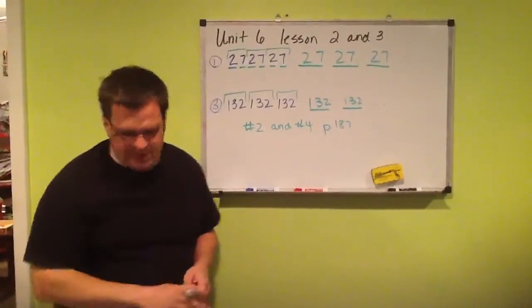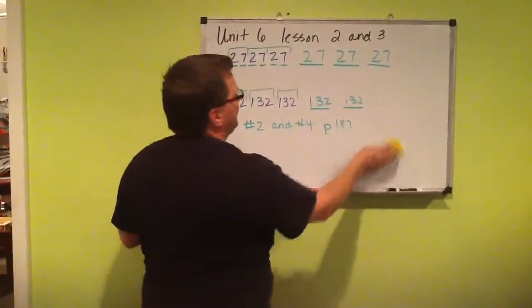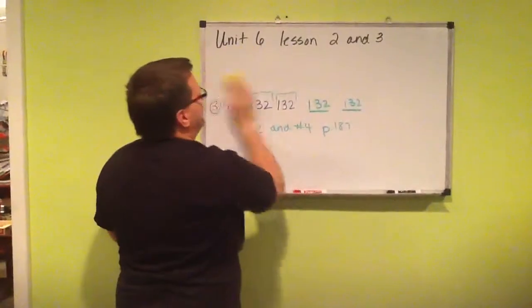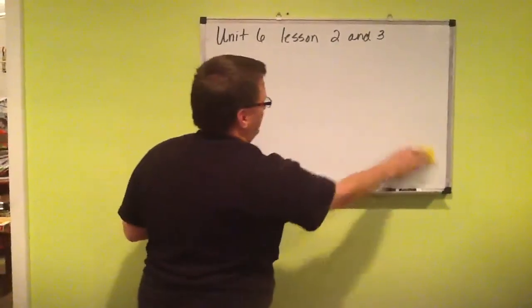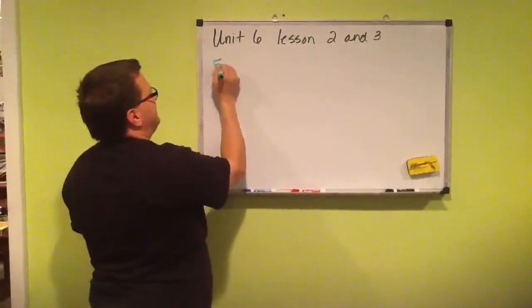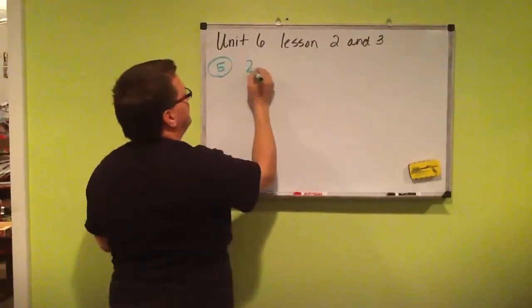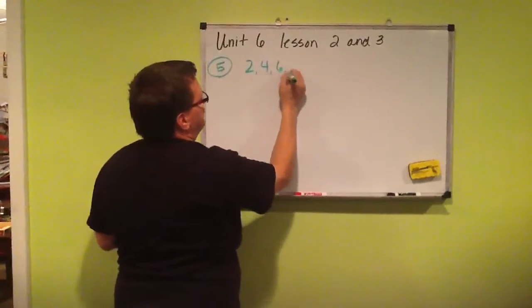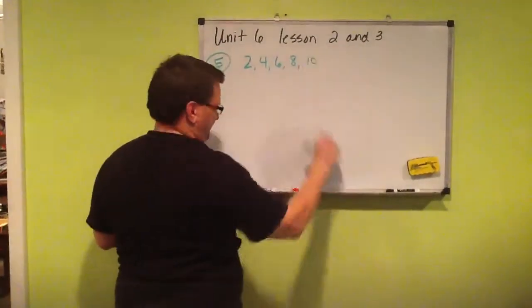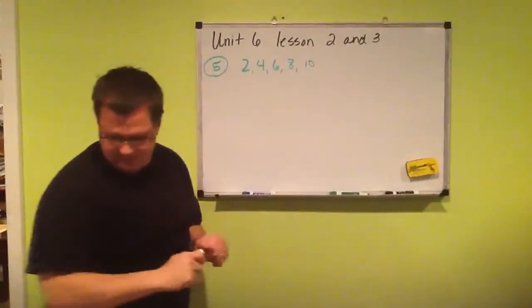But I do want to talk about number 5, which is our skip count. Number 5 is what they call skip counting. And we're going to be starting off at 2, 4, 6, 8, and then 10. And then the rest we're going to fill in.